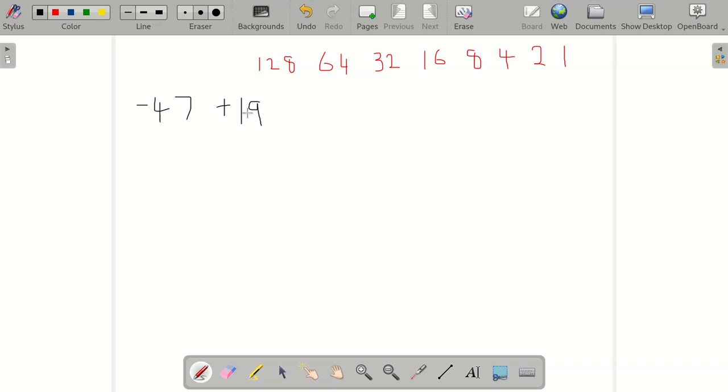It means 19 will be converted in normal binary, but negative 47 will follow 2's or 1's complement. Here we are told to add these two numbers in 2's complement. So let's do that now.